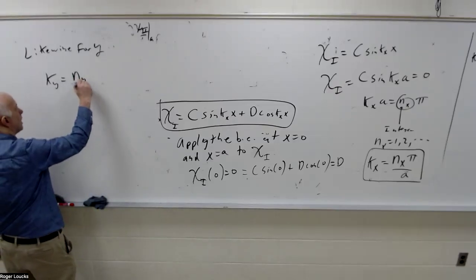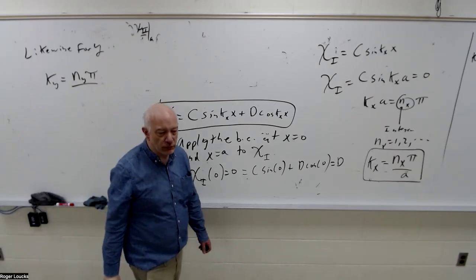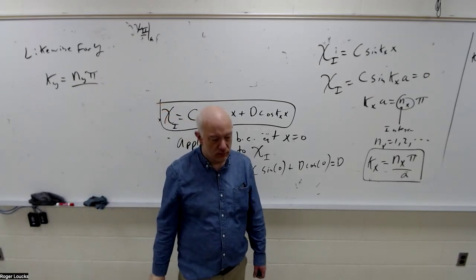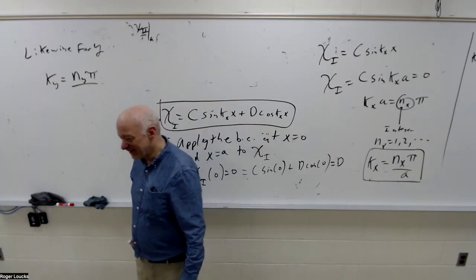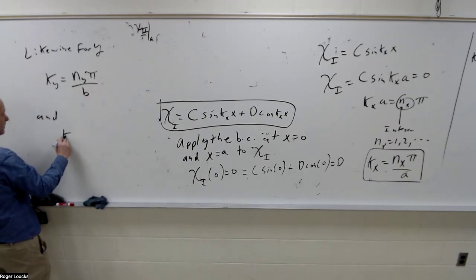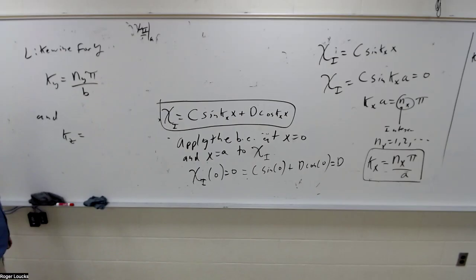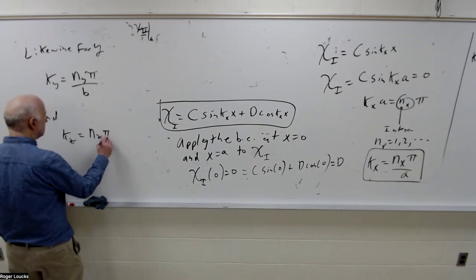So I have ny pi over, and what was the width in the y direction? X was a. It'll probably be b, okay? And what do you think then the kz is going to be? nz pi over c.